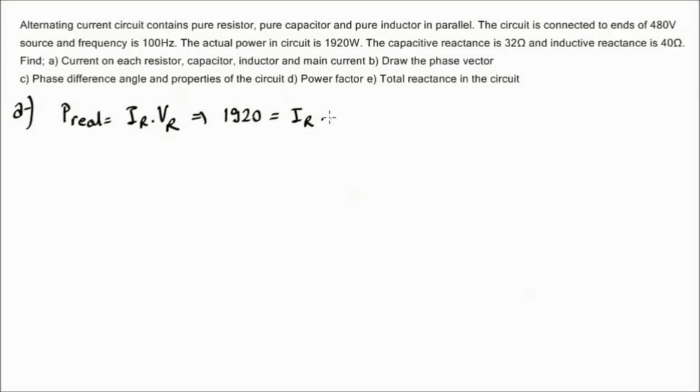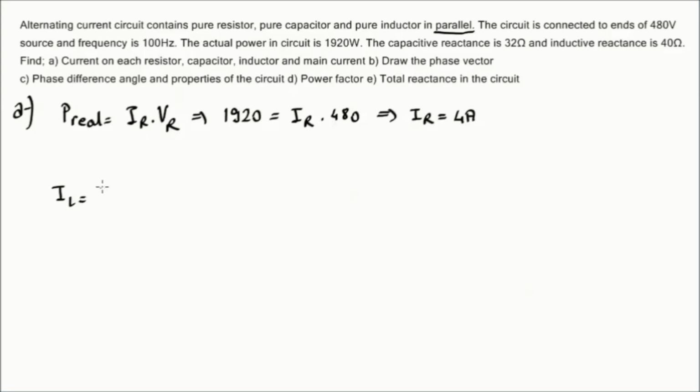In this question it's connected in parallel, so VR, VC, VL, and V total are all equal to each other, so they are all equal to 480. So IR is going to be 4 ampere.